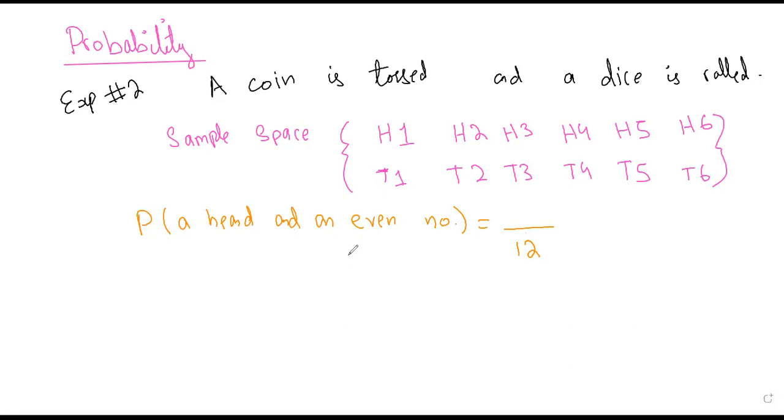What are the favorable outcomes in this case? You're getting a head, so we'll focus on the first row and an even number: 1, 2, and 3. Very well done, Vishal. So it would be 3 by 12, which is 1 by 4. This is the answer for the first one.